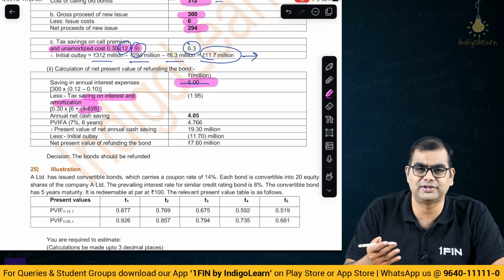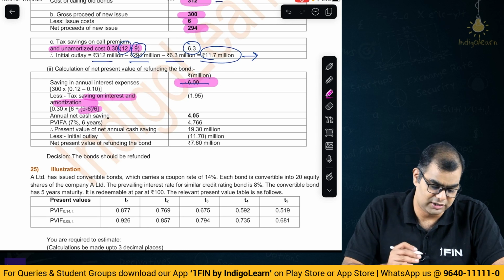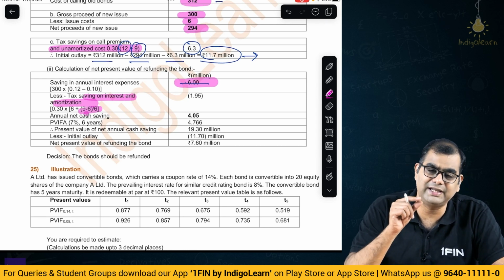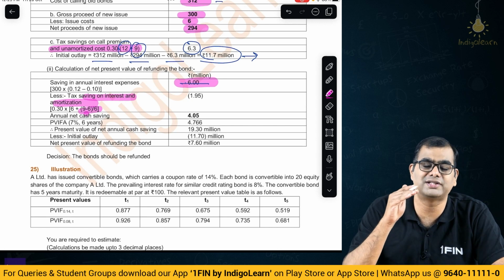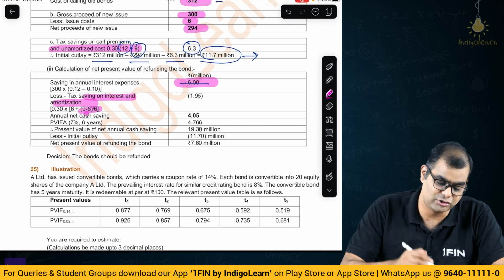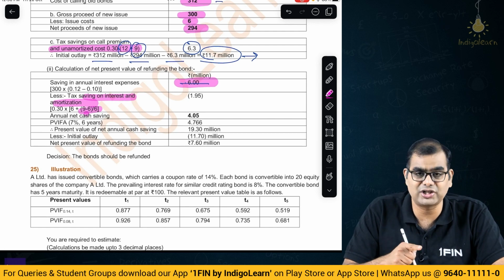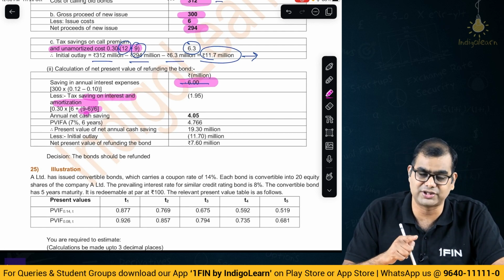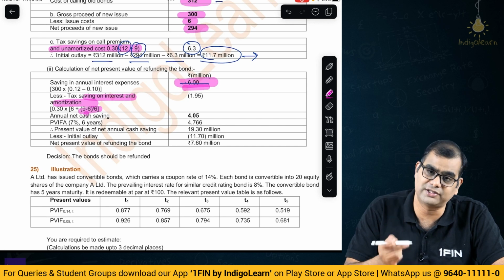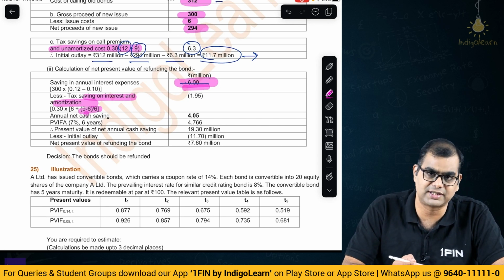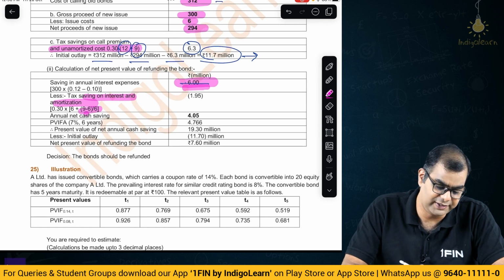Depreciation is for fixed assets. Amortization is for intangible assets. So 9 minus 6 is 3, the reduction in amortization value, over a 6 year period. So you do 3 by 6, and there is also a reduction in interest, which is 6 million per annum. So 6 plus 3 by 6, which is 6 plus 0.5, which is 6.5.